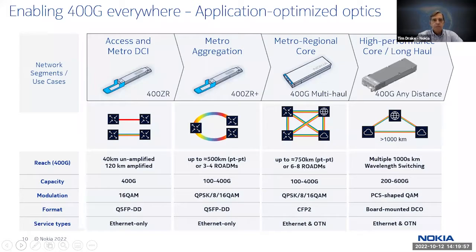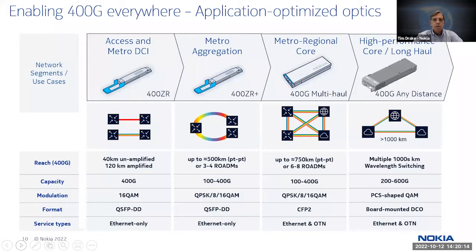So what that allows us to do is put in an optic and optimize it for the bandwidth that we require across that link. It also has fairly good distance.